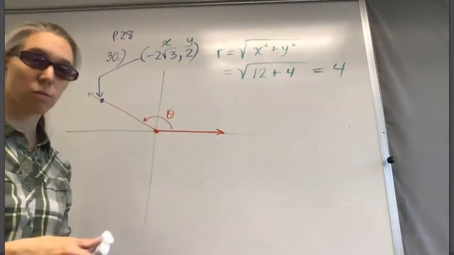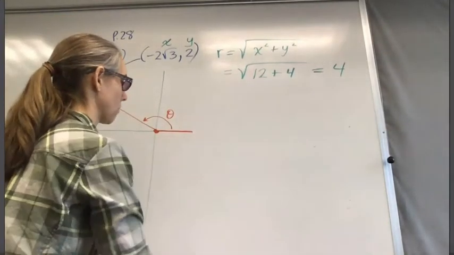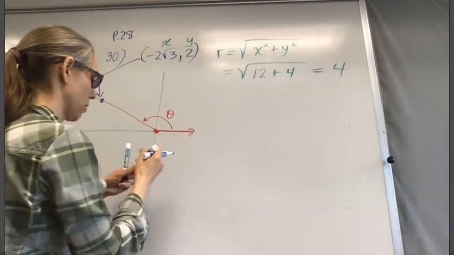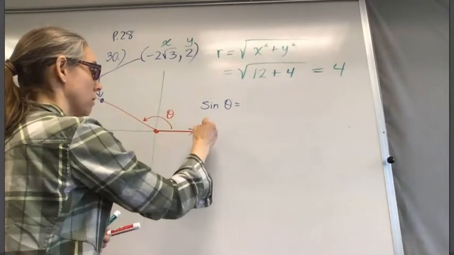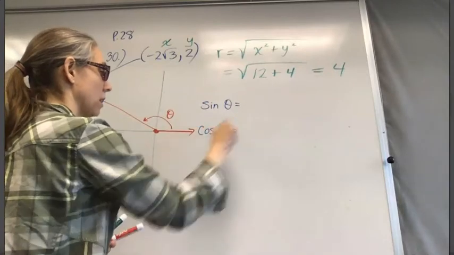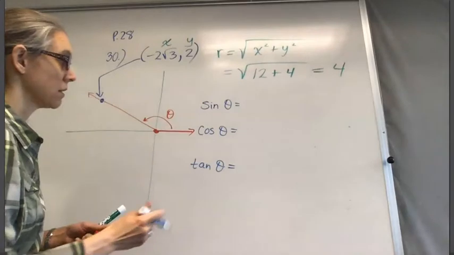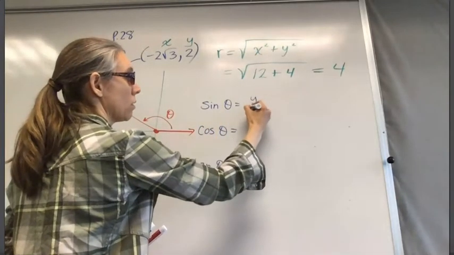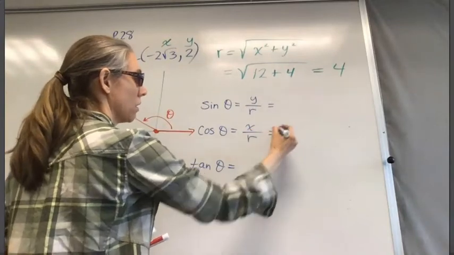So now we'll go through the 6 trig functions. Make a little room here. Sine of theta, cosine of theta, tangent of theta. Sine is y over r. Cosine is x over r.